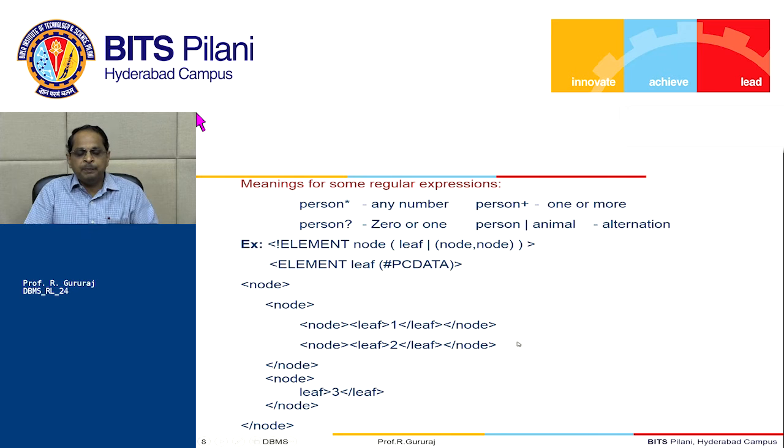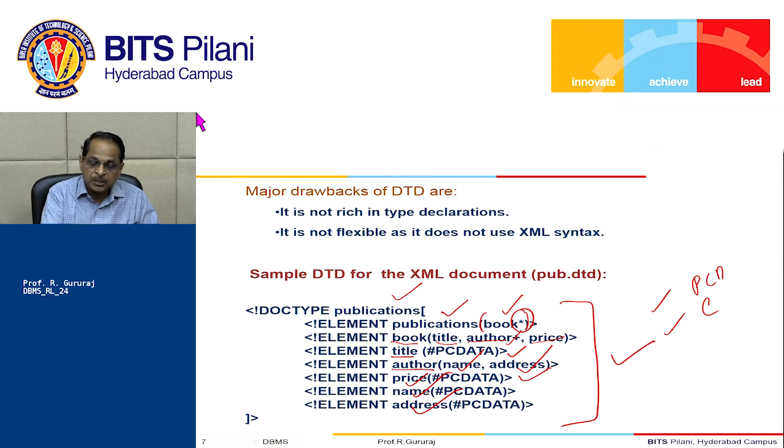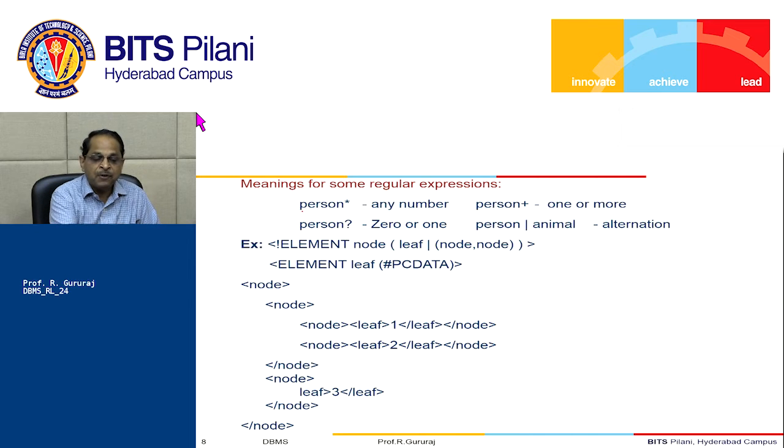In the earlier DTD document, I have used some expressions, book star, author plus. Let us see what is the meaning of that. If I say an element person star, this expression indicates that it can be 0 or any number of person elements. Person plus, one or more person elements. Person with a question mark symbol, 0 or 1 person elements.